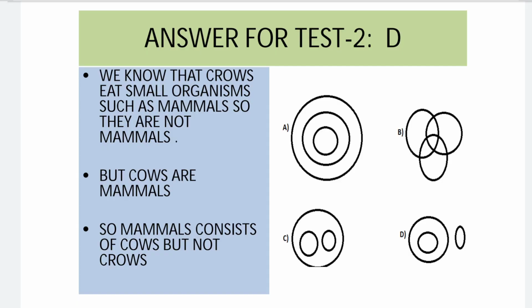So the relation between mammals, crows and cows are: mammals consist of cows, but mammals doesn't consist of crows, because crows are omnivorous, which means crows eat mammals. So we cannot take crows as mammals. So you can take two concentric circles and a separate circle which is not at all describing about the concentric circles.